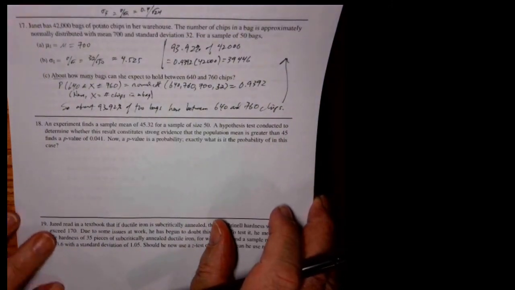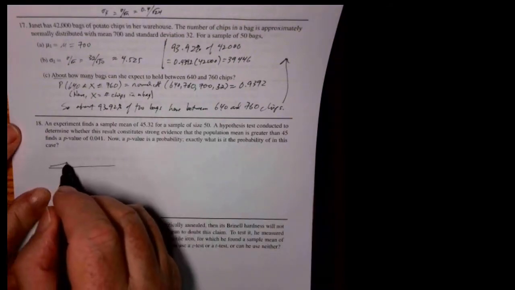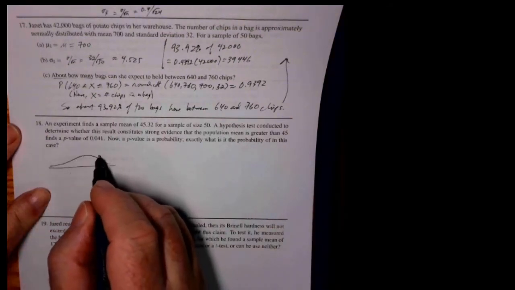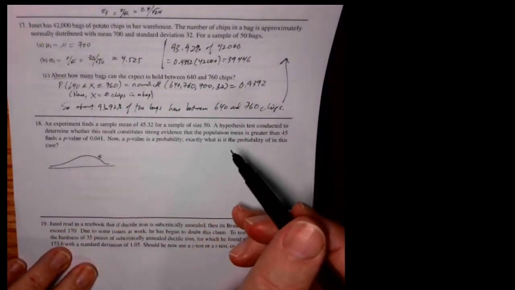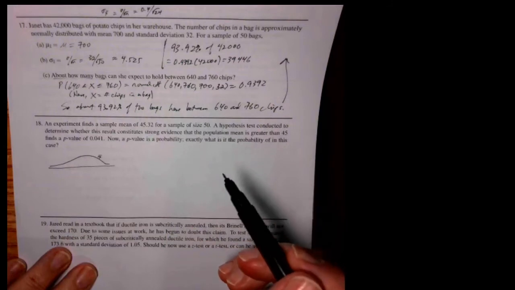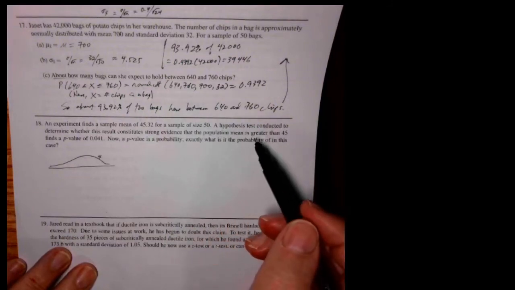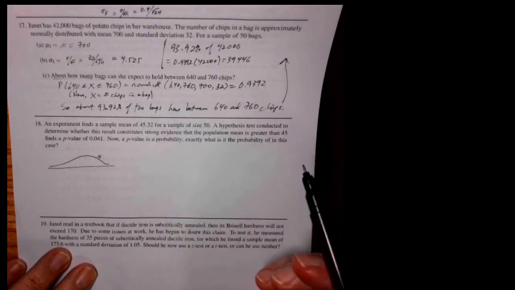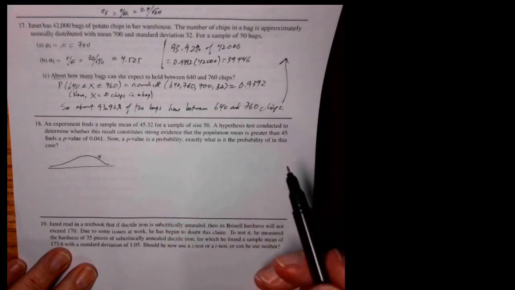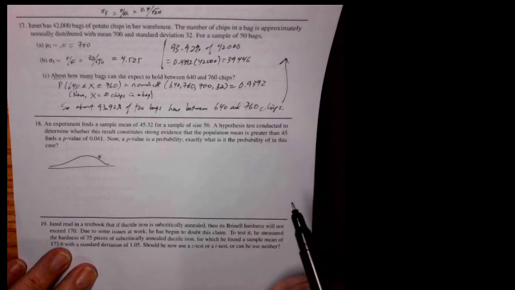Probably the easiest way to understand this is to draw a picture. This is a picture of the x-bar curve. This experiment was conducted to find out whether a particular sample mean, 45.32, constituted strong evidence that the population mean is greater than 45.